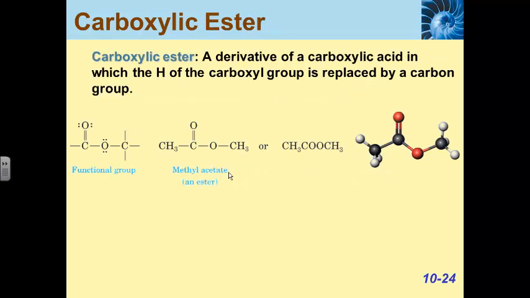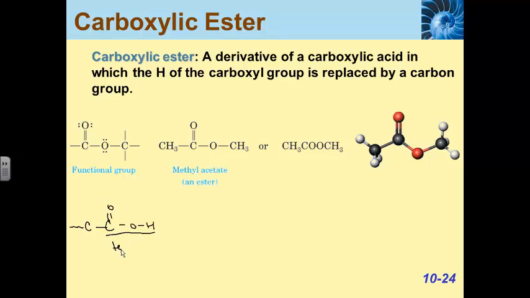The last of our functional groups we'll talk about are called carboxylic esters. Carboxylic esters are derivatives of carboxylic acids, but the hydrogen at the end has been replaced by another carbon chain. So think about carboxylic acids: COOH gave us the carboxylic acid in which we had some kind of hydrocarbon chain.